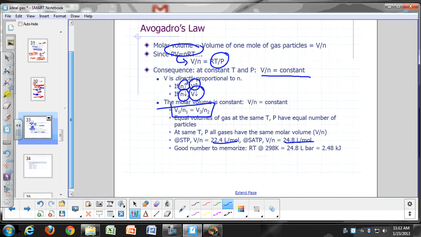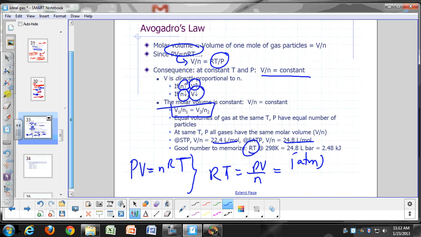Now, here's a good number to memorize because we're going to be using these numbers a lot. You'll see this RT expression a lot in our calculations. Since PV equals nRT, one thing you'll notice, if you solve for RT, what would you get? RT is equal to PV over n, right? So at STP, what is RT? 1 atmosphere.